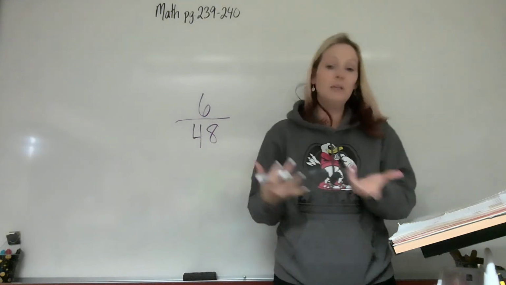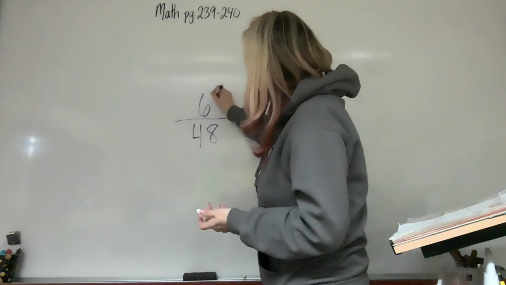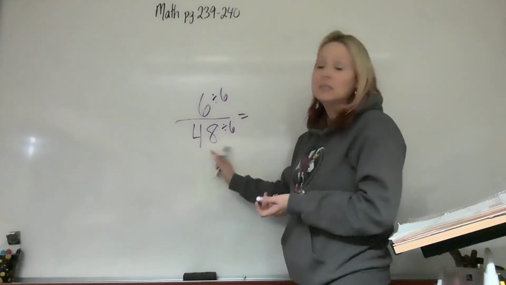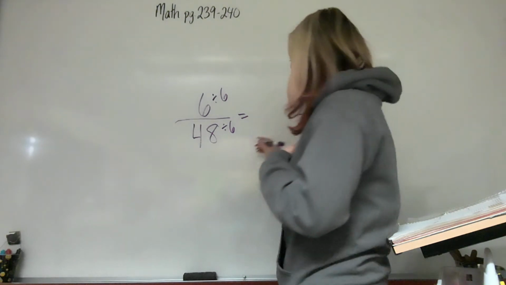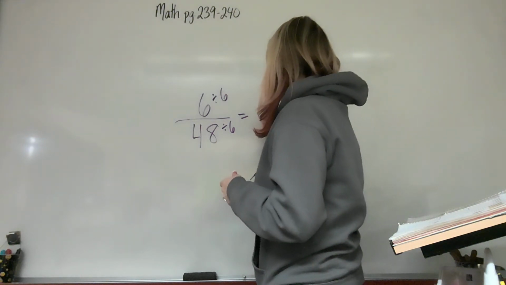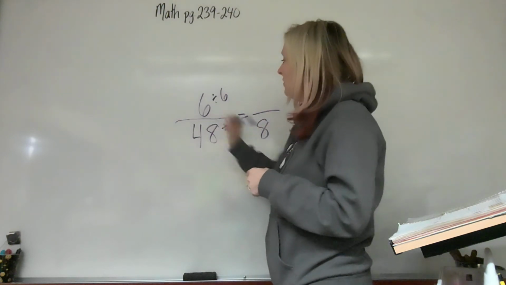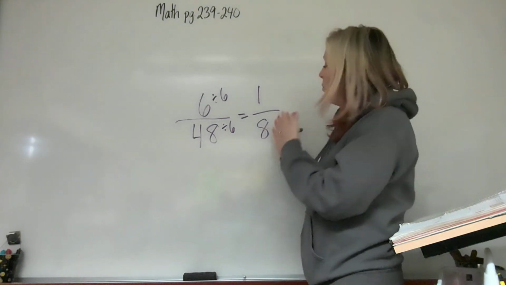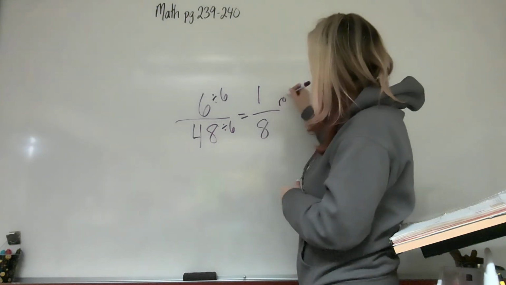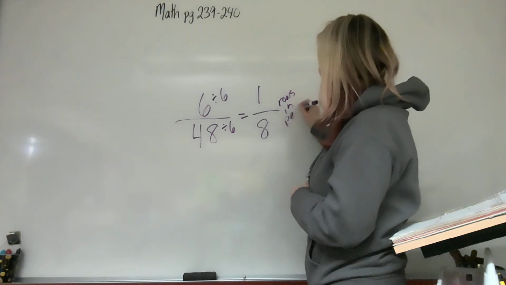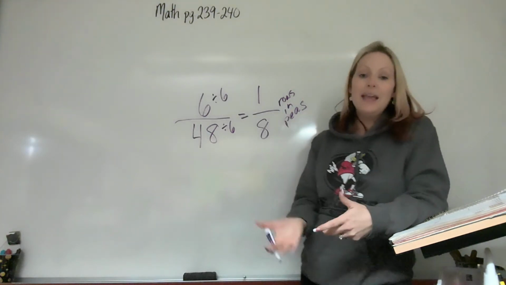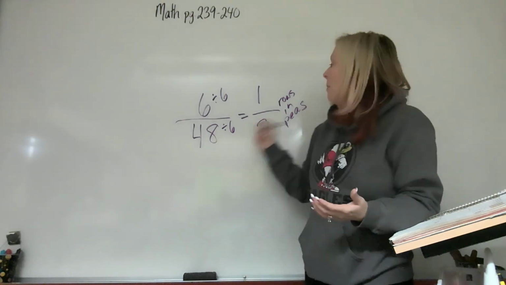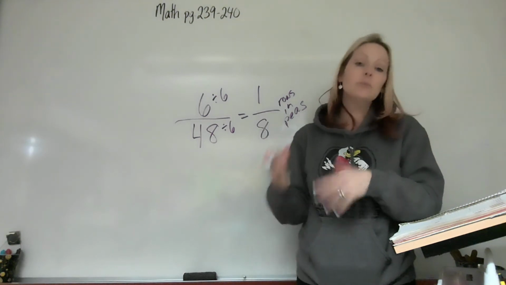Now what we need to do is reduce. Looking at that, I know that 6 goes into 48 8 times, and 6 divided by 6 is 1. So we know that he planted 1/8 of the rows in peas. So 1/8 of all of his rows were in peas. His garden probably had a lot of other things in it, but only 1/8 of it was in peas. So go ahead and fill that in.